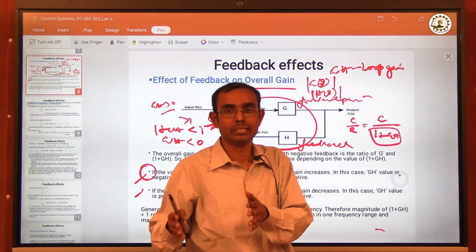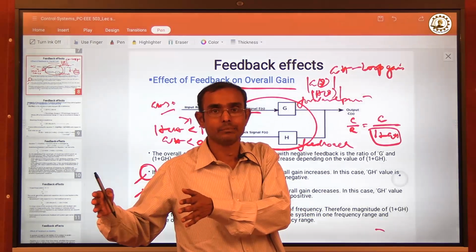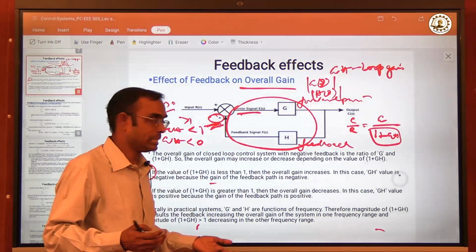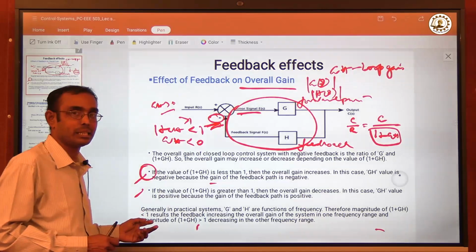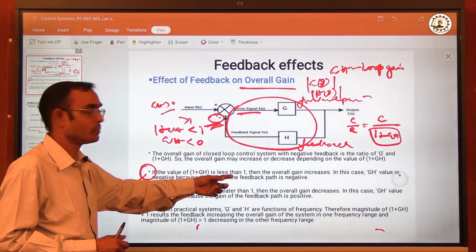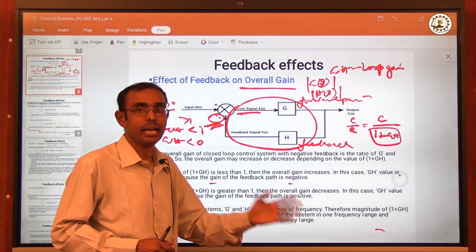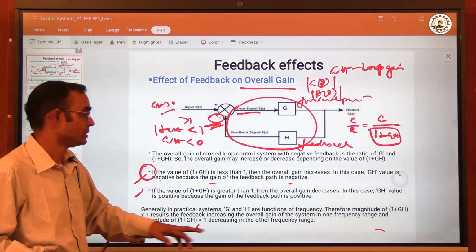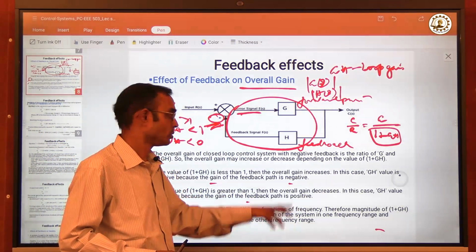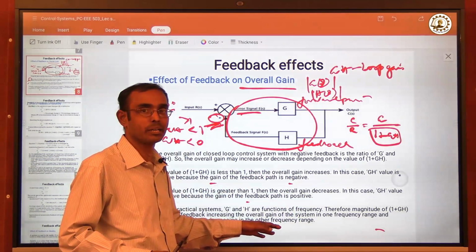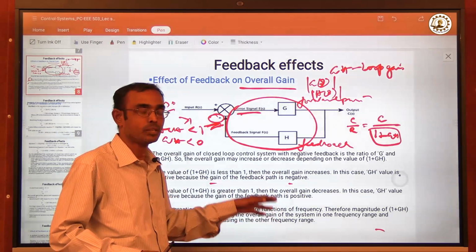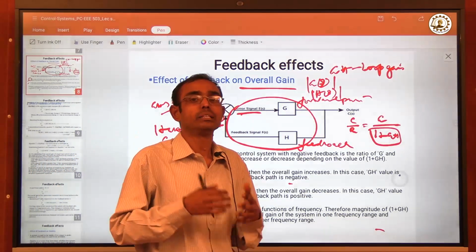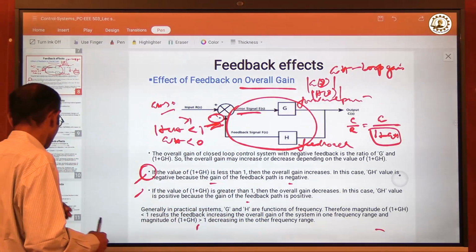If we segregate that range into different bands, inside a particular band we can see that 1 plus GH is less than 1, which means the feedback path is negative, and in another band 1 plus GH is greater than 1, which means the feedback path is positive. So this explanation is correlated with the previous two. Therefore, we can say the overall gain is affected by the use of feedback in this manner.